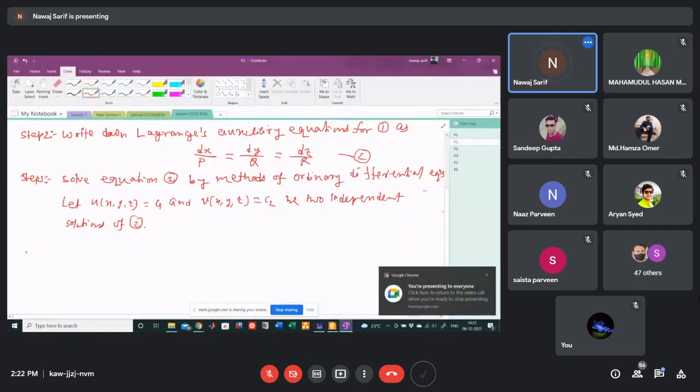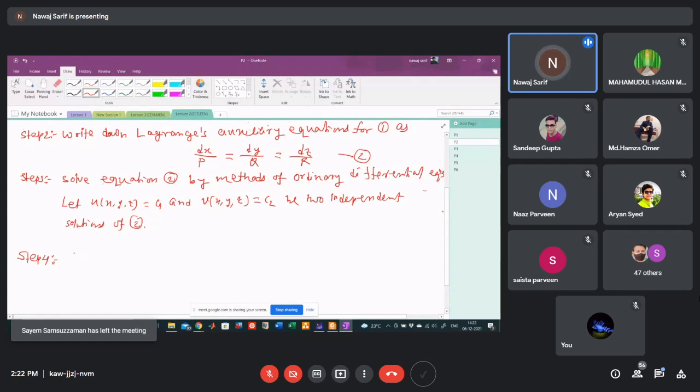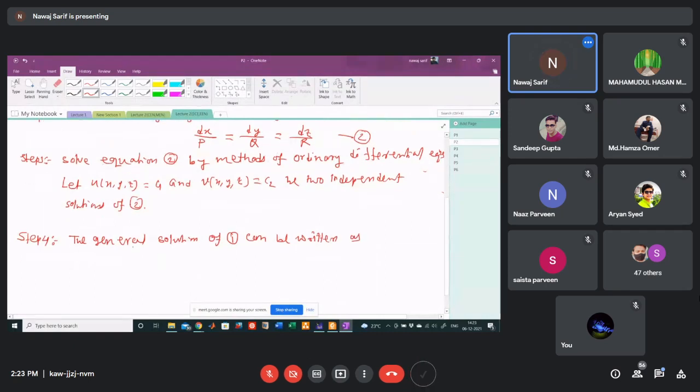Then in step 4, write down the general solution of 1, which can be written as phi of u, v equals to 0, or u as a function of v.